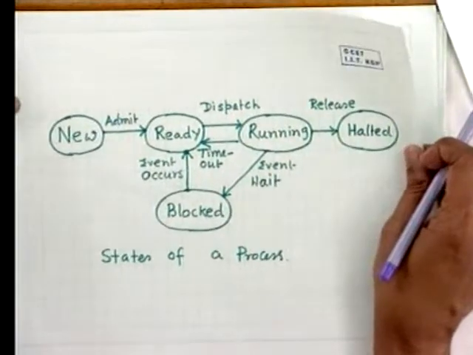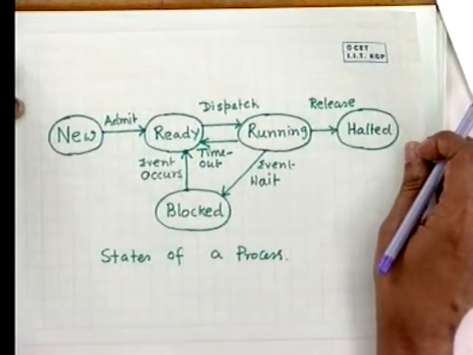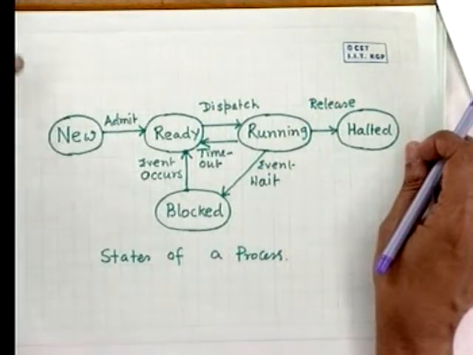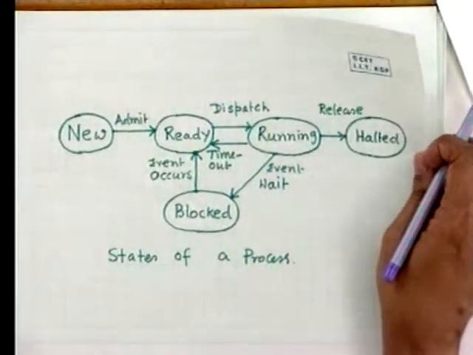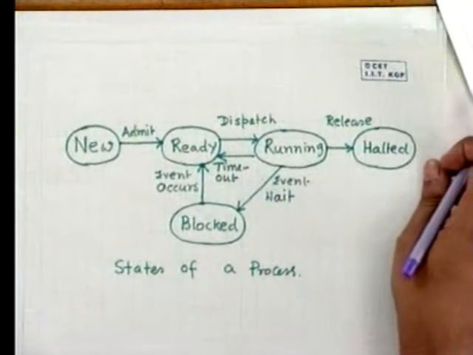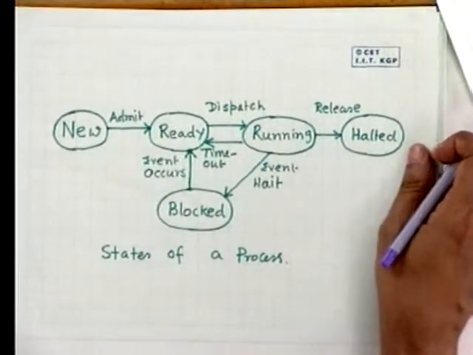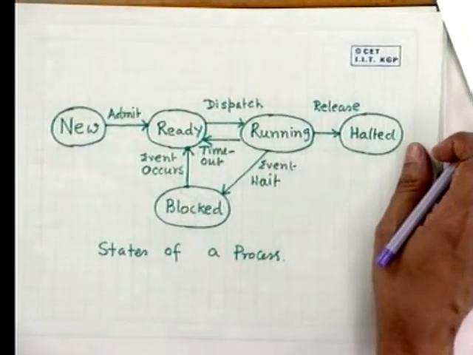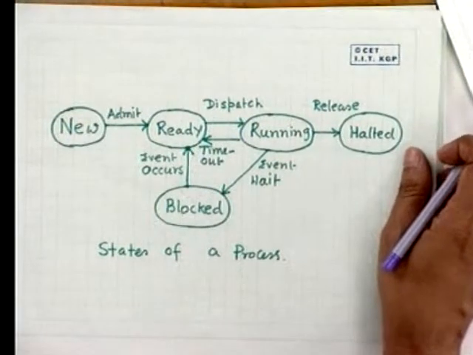Now, if you look at this as a simple model of the process, we see that for executing a process, a lot of information has to be stored in memory before it can be executed.